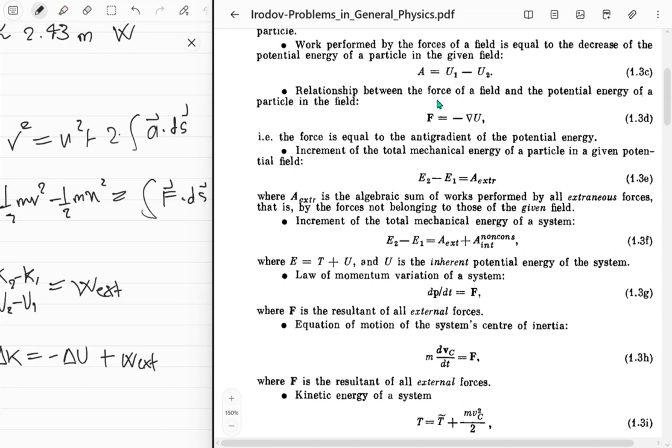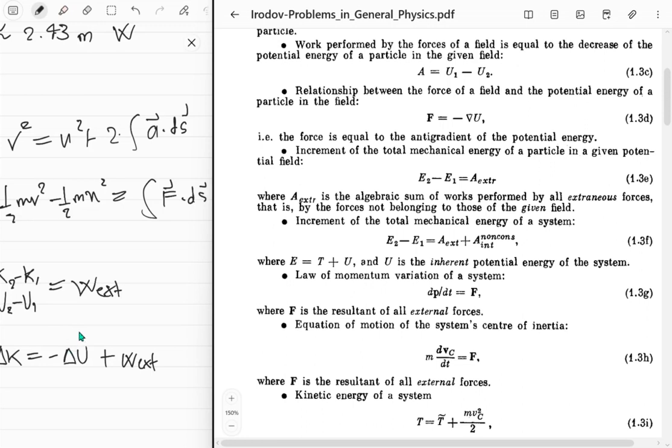So U1 minus U2, that's the work done by the field on the particle, right? So that just increases the kinetic energy, of course.